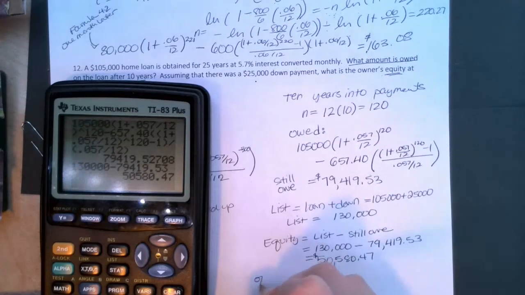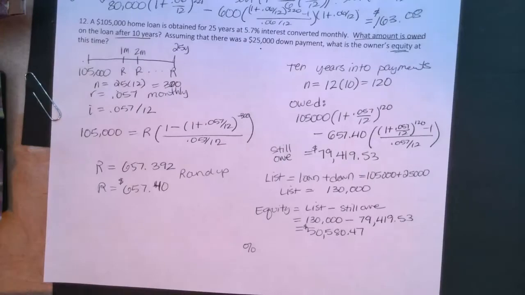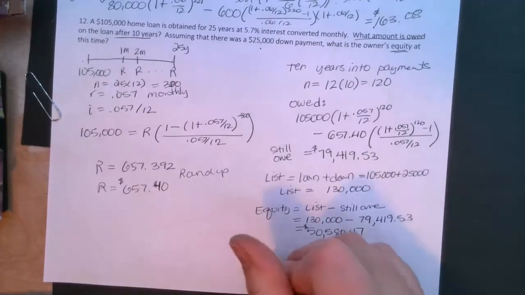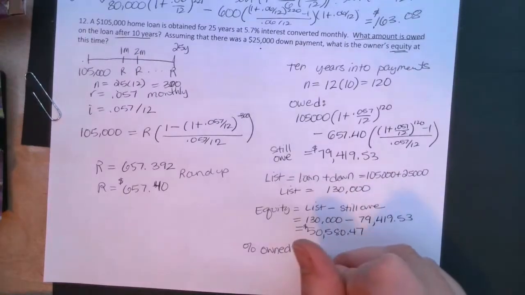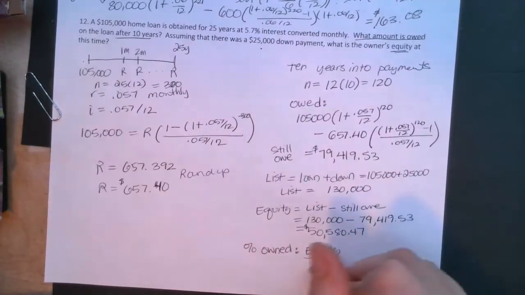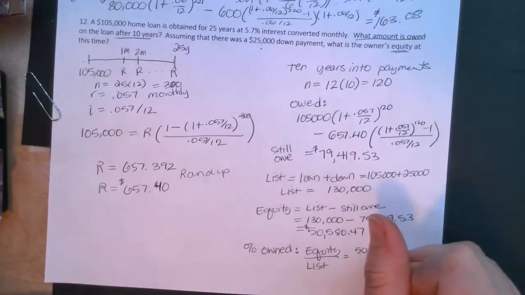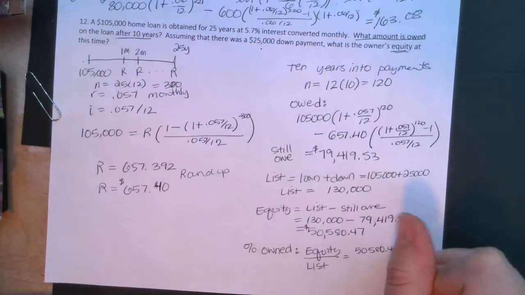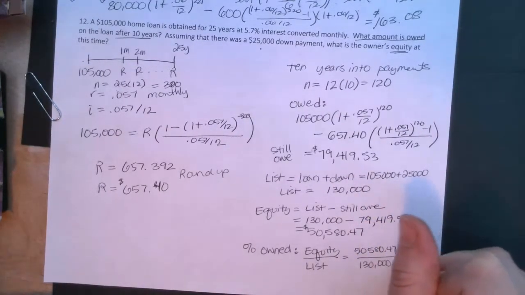Okay, and then the percent that we own is going to be your equity divided by the list price. So 50,580.47 over that 130,000.